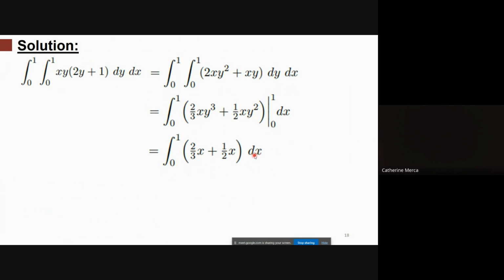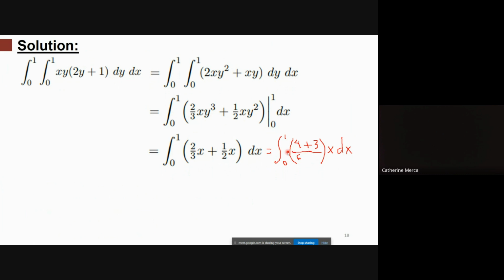Again, this is to be integrated with respect to x. So you have 2/3 times x squared over 2, and 1/2 times x squared over 2, evaluated from 0 to 1.